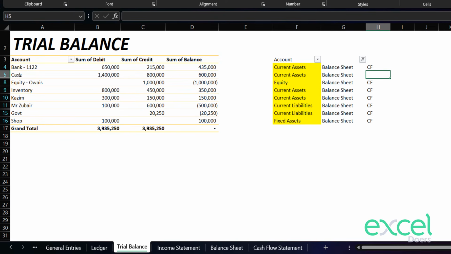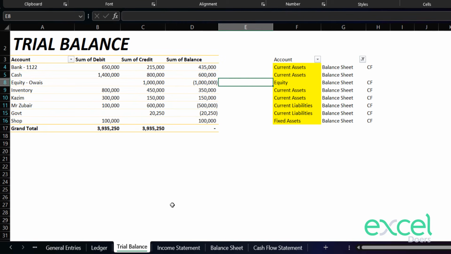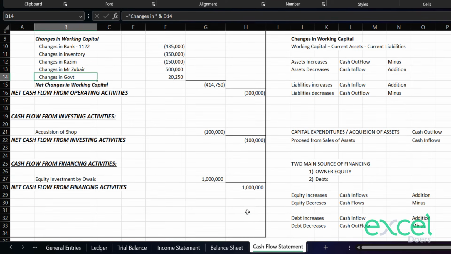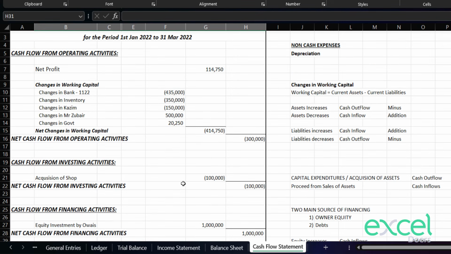I have not added the opening balance of the cash, because we are just taking the changes only. We have not accounted for the cash balance here, because the purpose of the cash flow is to calculate the ending cash balance by accounting the changes in the accounts, right?